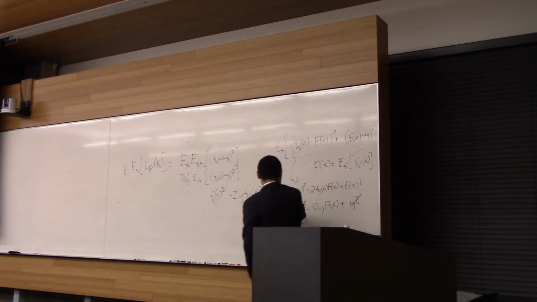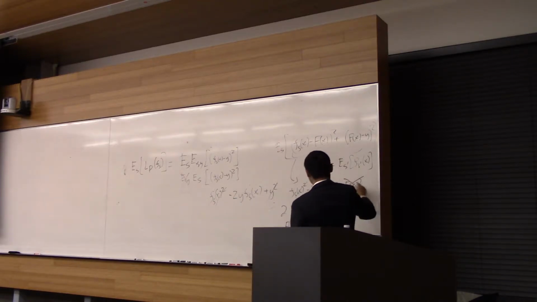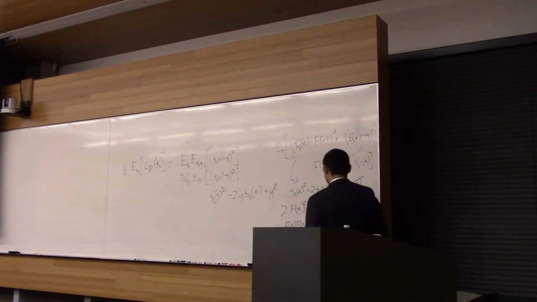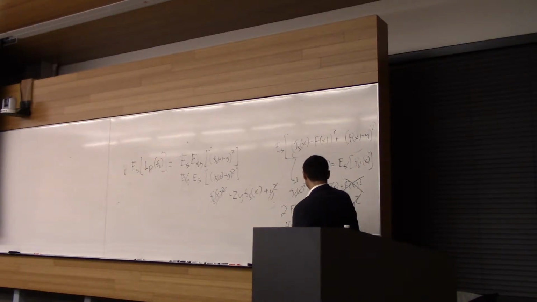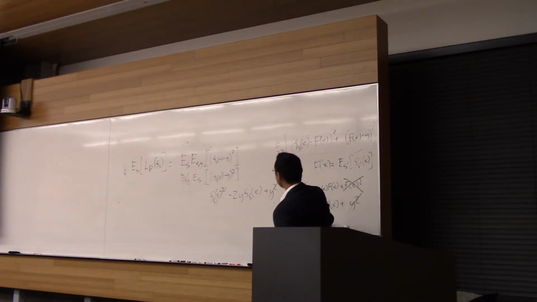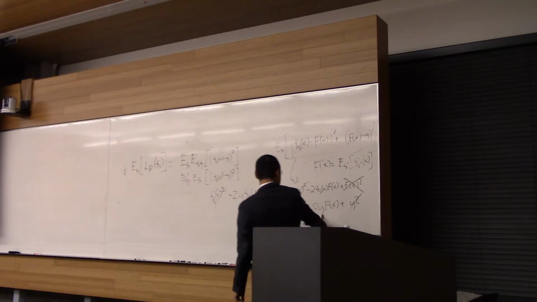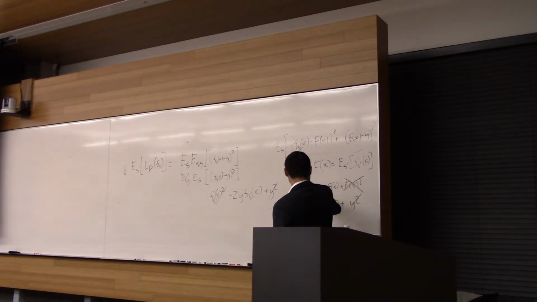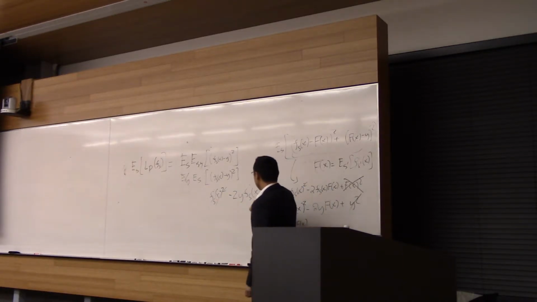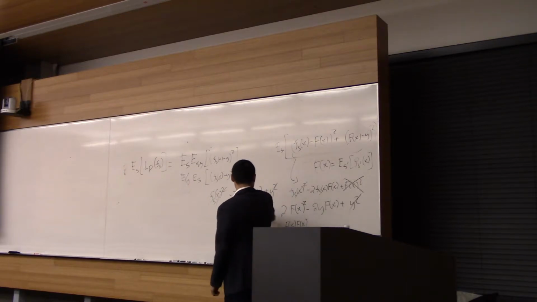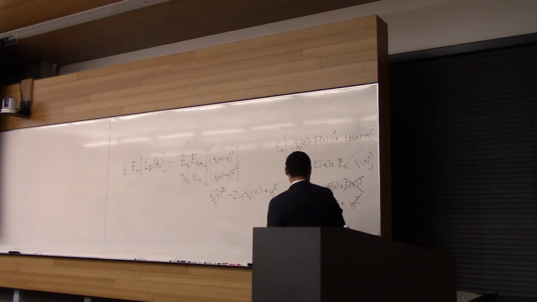This is actually twice, excuse me. So I'm just going to get rid of this guy. Let's put a 2 here. And then this y can come out of the expectation, 2y times the expected value of x minus 2y, yes.